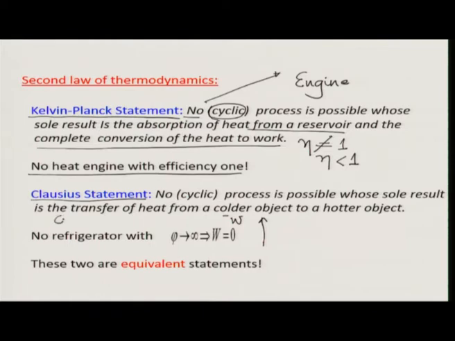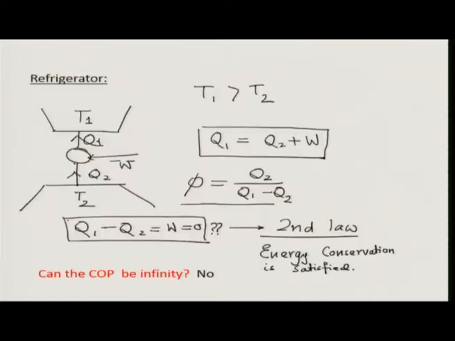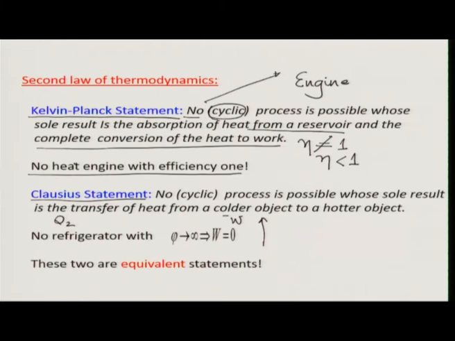That means Q2 amount of heat, if you go back to the previous slide, is taken from the cold reservoir and Q1 amount of heat is dumped to the hot reservoir, and the Clausius statement says it is not possible without some work being done on it. And so, no refrigerator is possible whose W is 0. Here W means work done on the refrigerator, and hence I cannot have a perfect refrigerator with coefficient of performance tending to infinity.